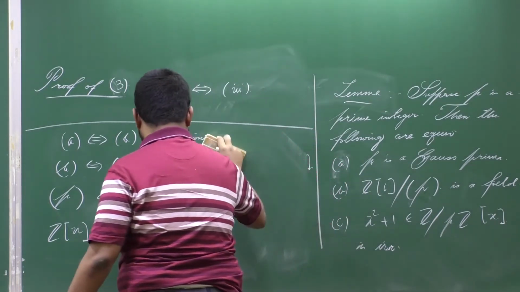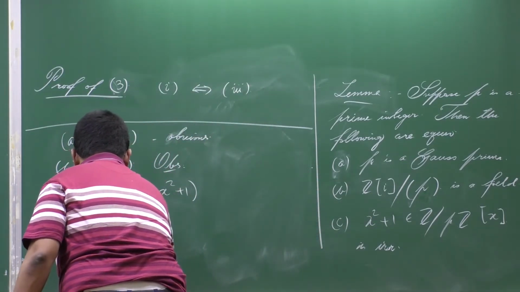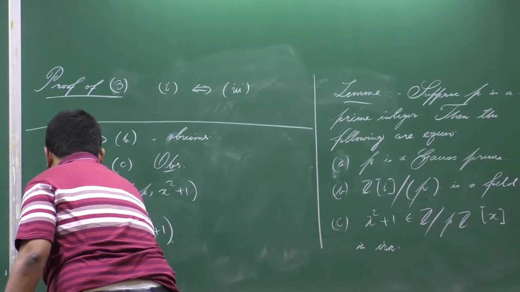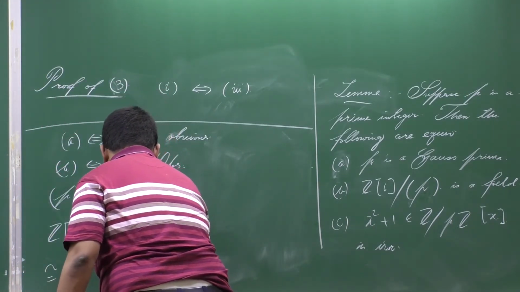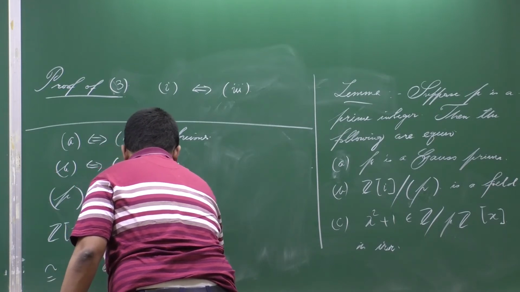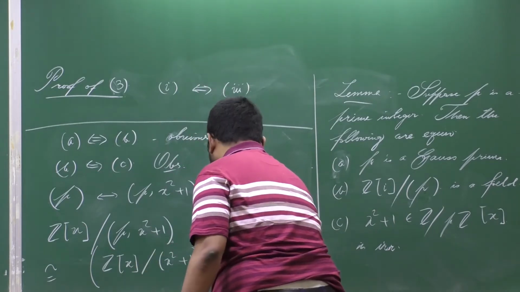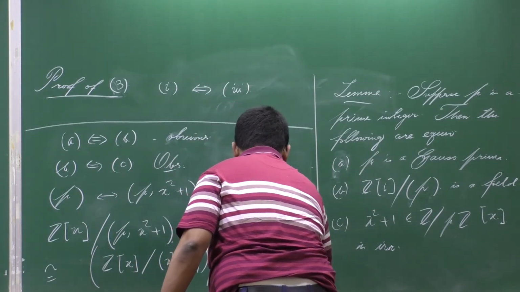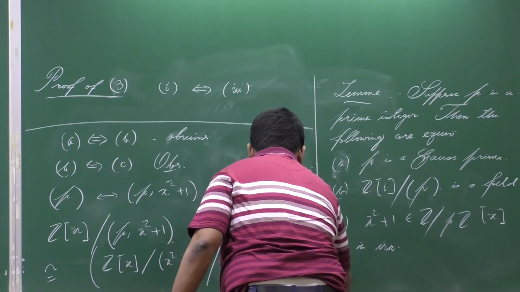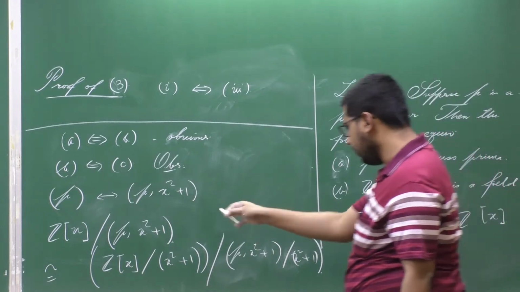By means of these isomorphism theorems, it is now quite clear to us that this quotient is indeed isomorphic to x square plus 1, the quotient by the ideal. Just the third isomorphism theorem.